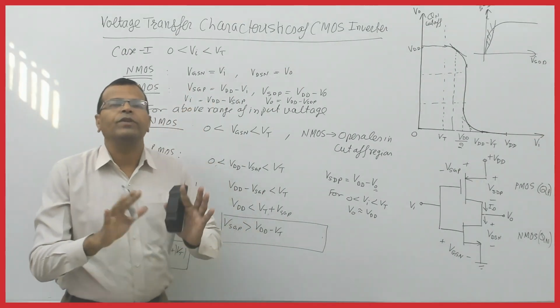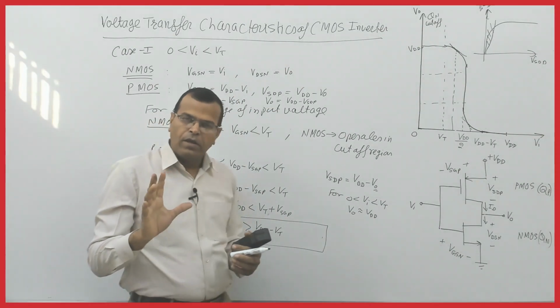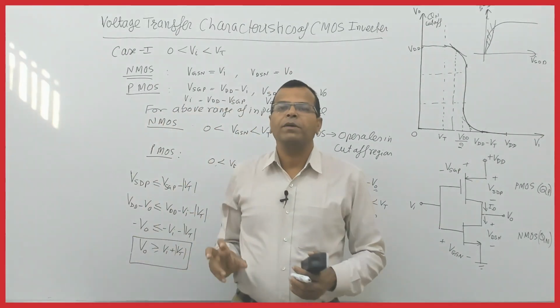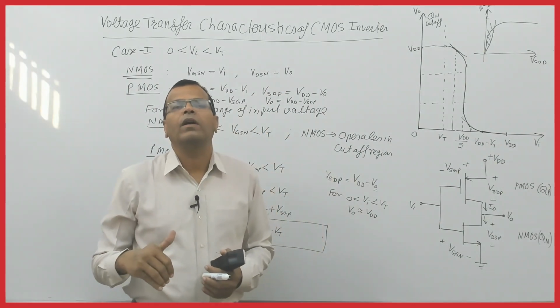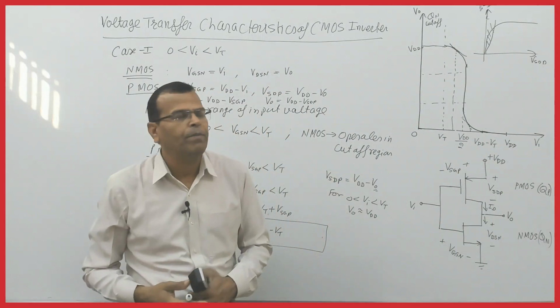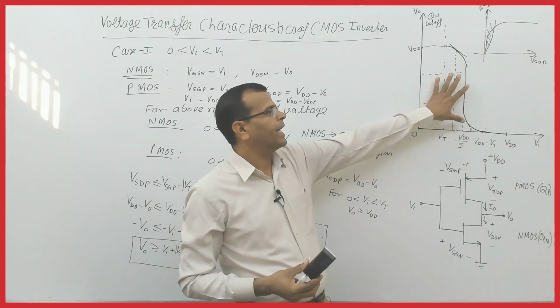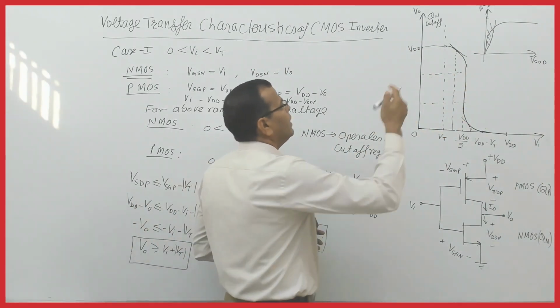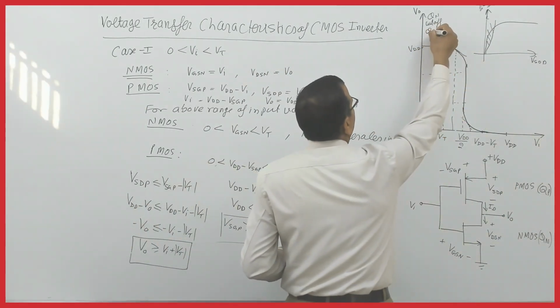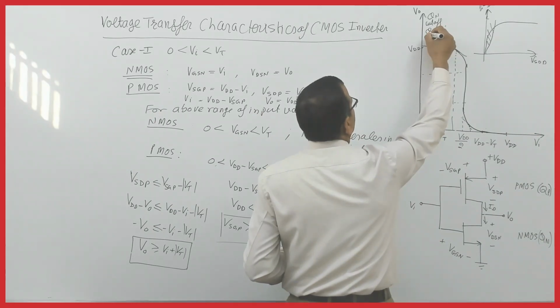I am just giving you the idea, but don't go into this mathematical analysis for handling the questions in the exam. You must remember this characteristic directly. So here QP is in the ohmic region.